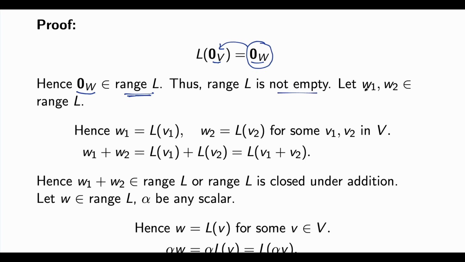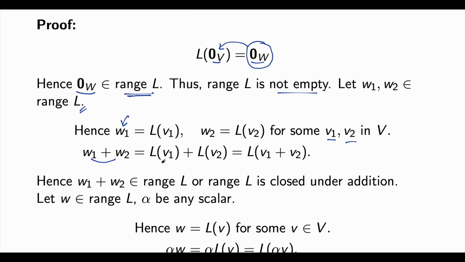Okay. Assume W1, W2 are two vectors in the range, then we have to prove that W1 plus W2 is also in the range. For W1 and W2, we can always find L of V1 and L of V2 for some V1, V2 in V, right? So what about W1 plus W2? W1 plus W2 is again in W because W is a vector space.